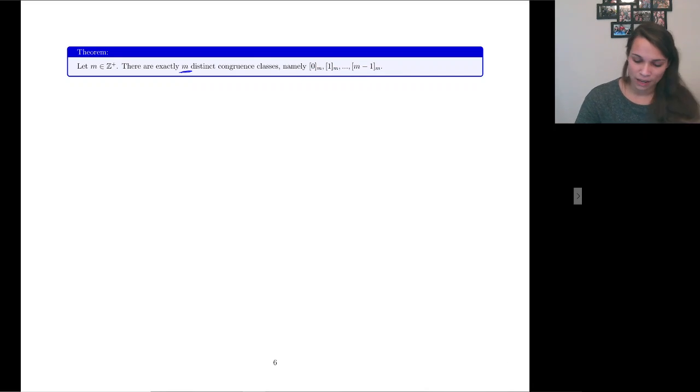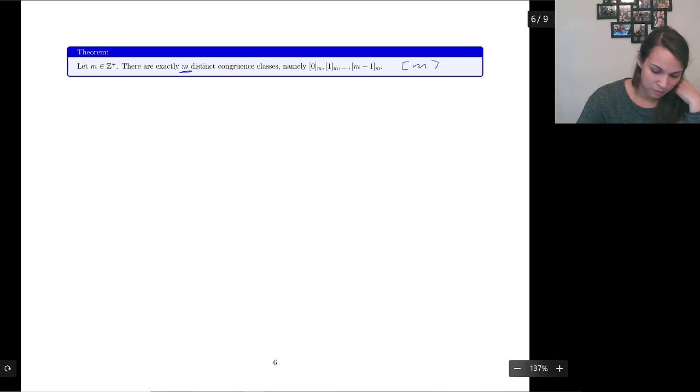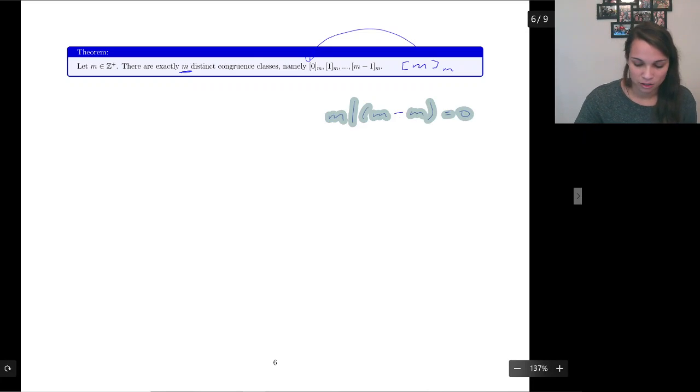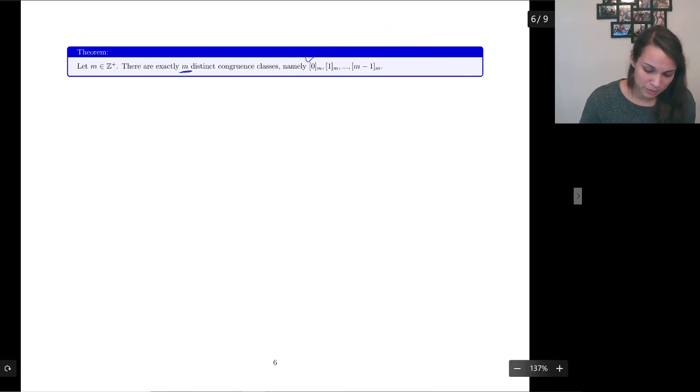Note, we do not have the congruence class m mod m, because m minus m is 0, so it falls into the congruence class of 0. So it stops at m minus 1.